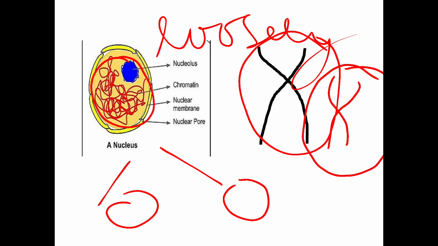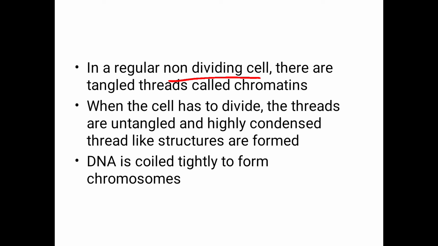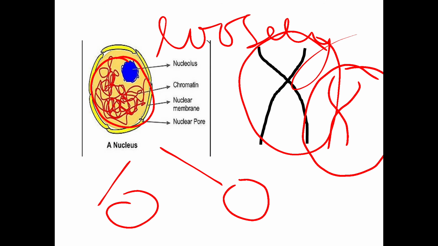Now you can ask one question: are chromatins and chromosomes the same things? Well, yes, chromatins and chromosomes are the same. The only difference in naming them is because of the difference in structure.